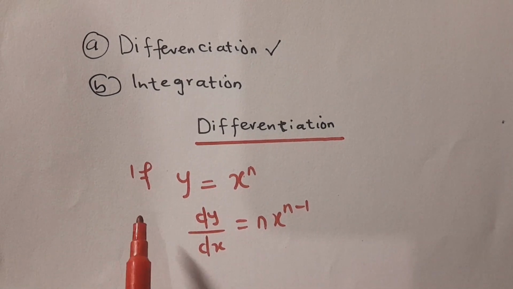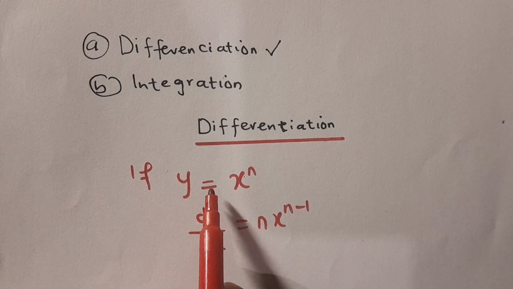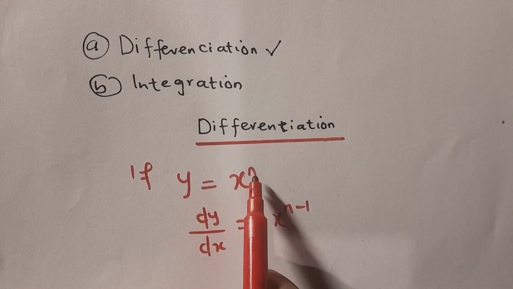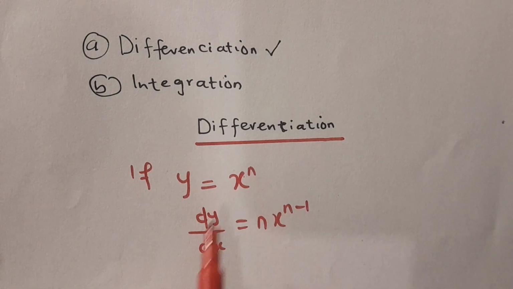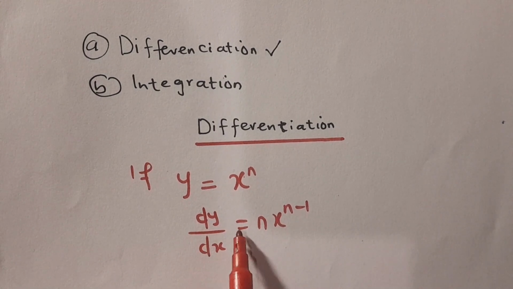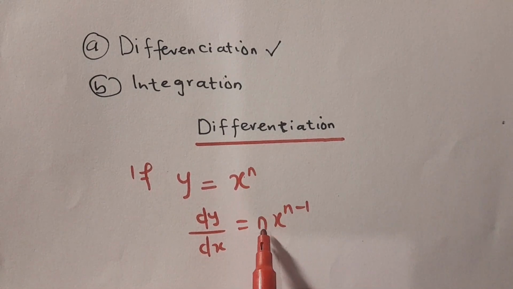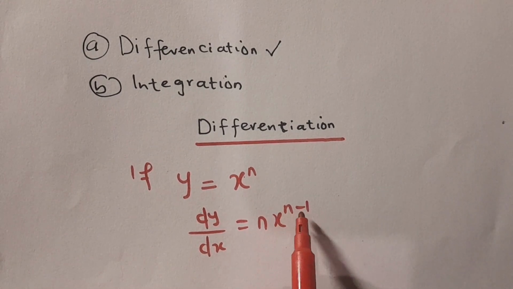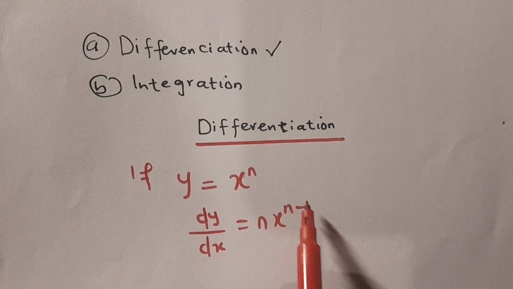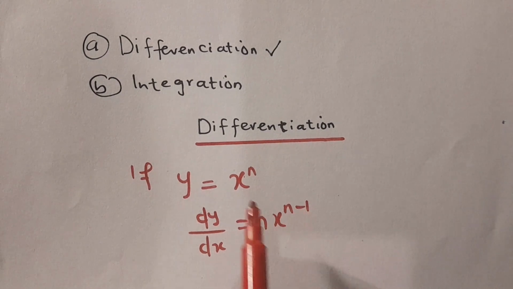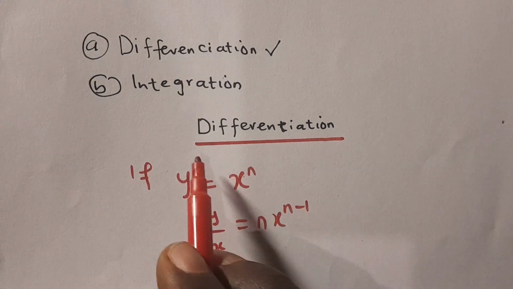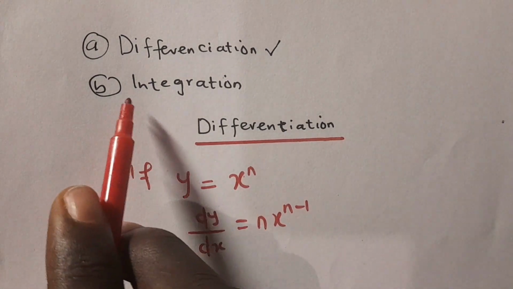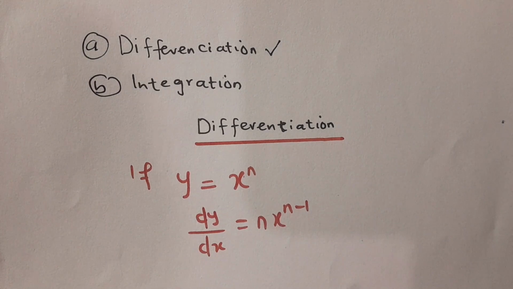So we believe that if y is given to be equals x raised to power n, y is a function of x raised to power n. So therefore dy dx equals this n will come here, x raised to power n minus 1. So we're going to deduct this, and that is the key meaning of differentiation. So we are deducting in differentiation. In integration, we are making an increment.